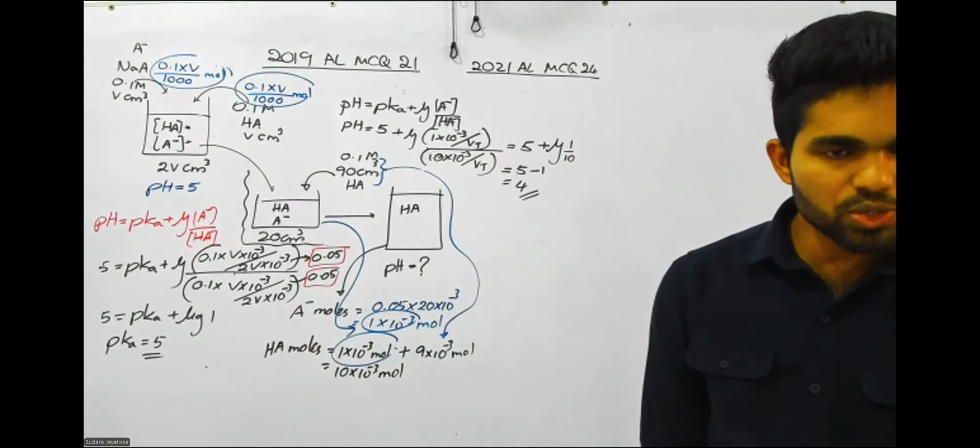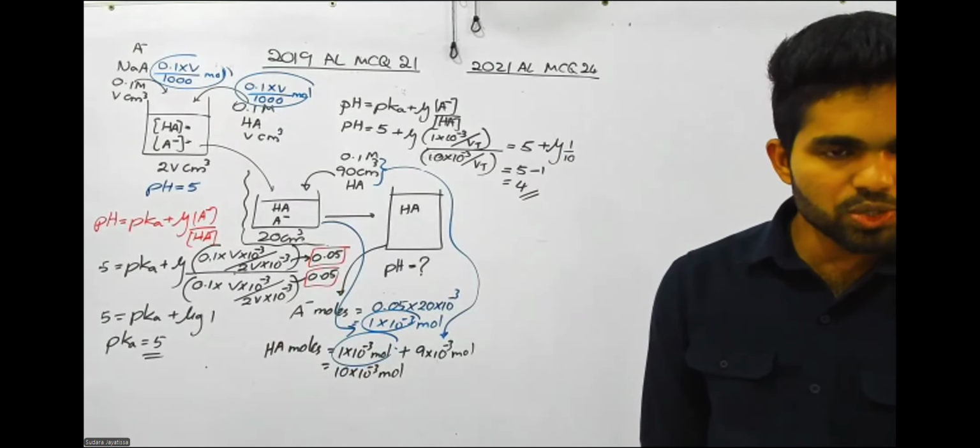So the answer 5 can be ignored, and you have to select one from pH 3, 4 or 4.5. So you can eliminate two answers easily. But anyway, to get pH 4, you have to do the question.